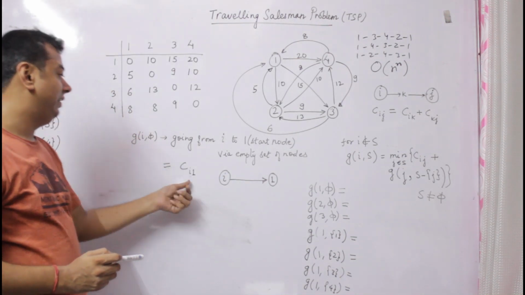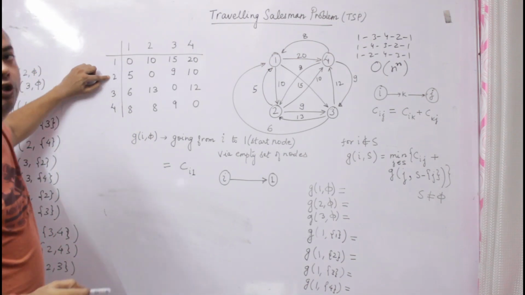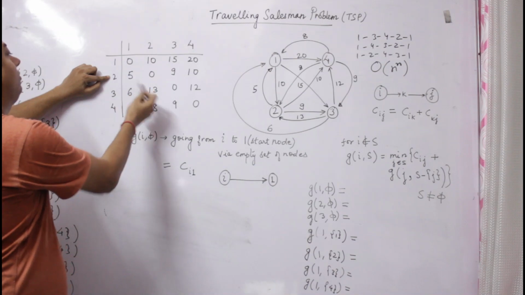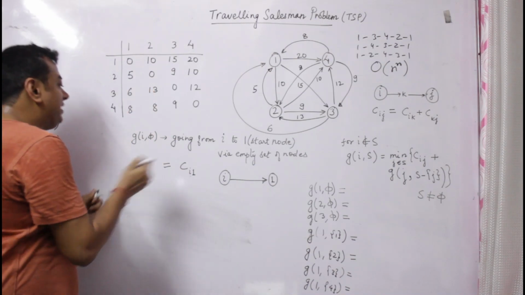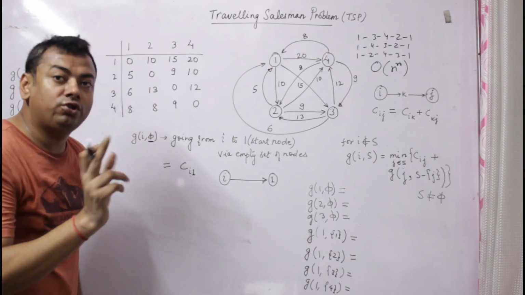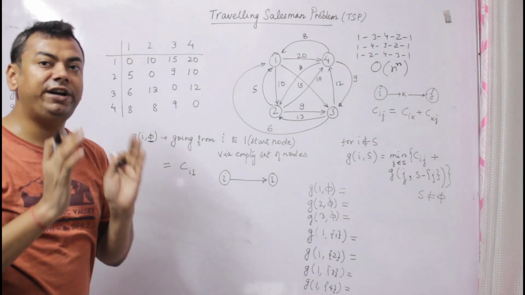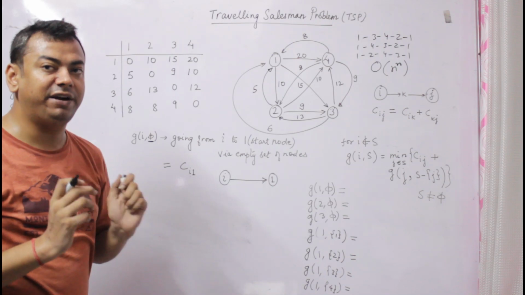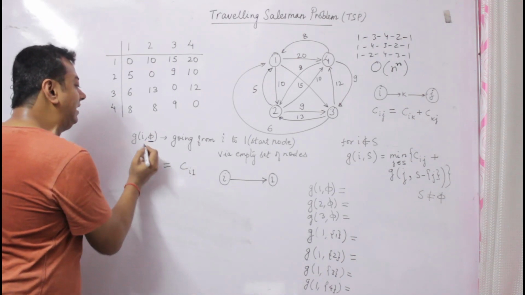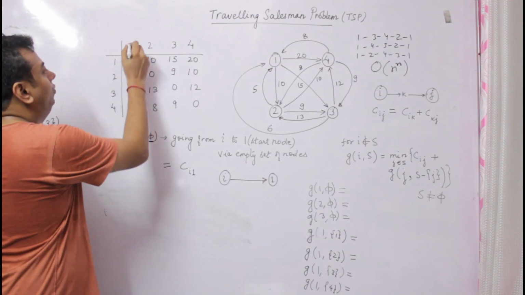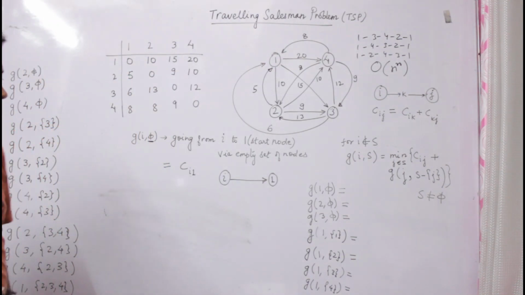It is simple. Suppose I am at node 2 and I have to go to node 1. The cost is 5. This 5 means no intermediate node has to be covered in between, so directly we can go from I to 1. So 2 to 1 is 5.